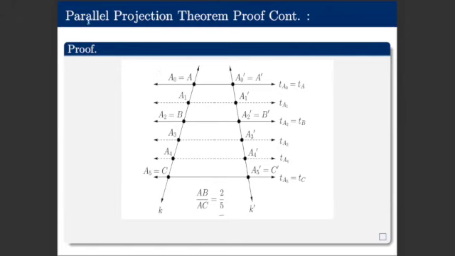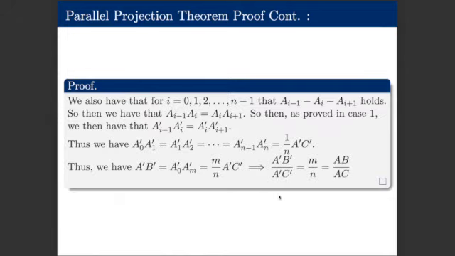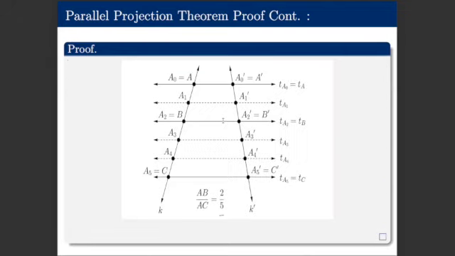And then coming back to this bigger picture parallel projection, this is exactly what it would project to on the opposite side. So we have our A0 prime, A1 prime, A2 prime, A3 prime, A4 prime, and so on and so forth. So we also have that for any i all the way up to n minus 1, this holds. Then we have that this same idea holds, this Ai minus 1 Ai is equal to AiAi plus 1.